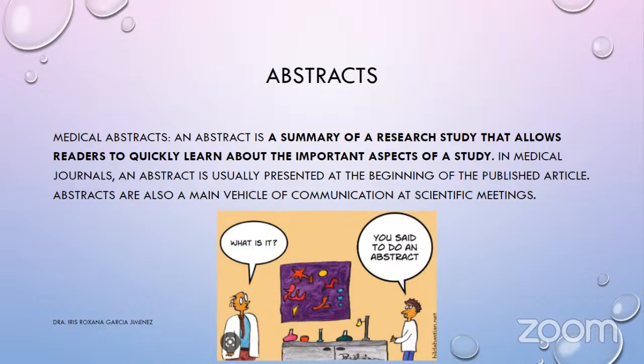In medical journals, an abstract is usually presented at the beginning of the published article because they have to call the attention of readers and give the general point of view of this, but trying to give more importance and showing specific details. And of course, trying to help us get the correct point of attention and let us read the complete article.